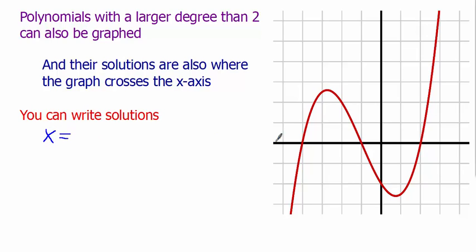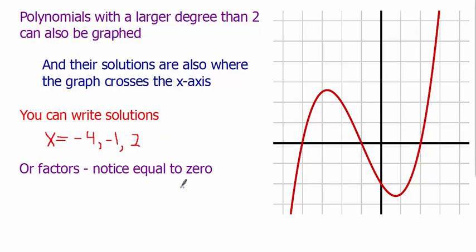X equals, the first point here is -4. The next point here is -1. And the last point is +2. So I have solutions. I could also write factors. Every single one of my solutions gets written as a factor.